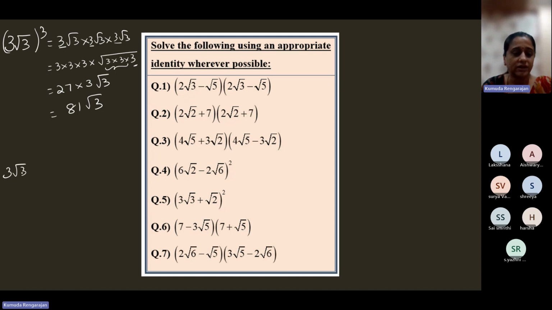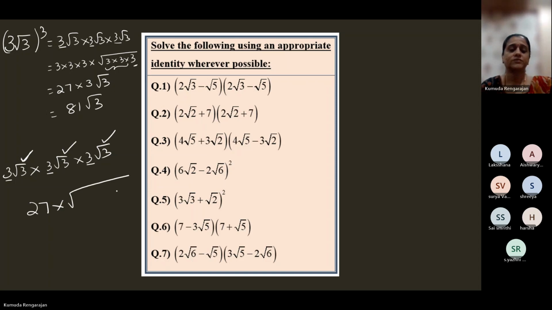3 root 3 into 3 root 3 into 3 root 3. Multiply the rationals. 3 into 3, 9. 9 3s are 27. Now you need to multiply the irrationals here. Square root of 3, square root of 3, square root of 3. They have the same order, no? So square root of 3 into 3 into 3.